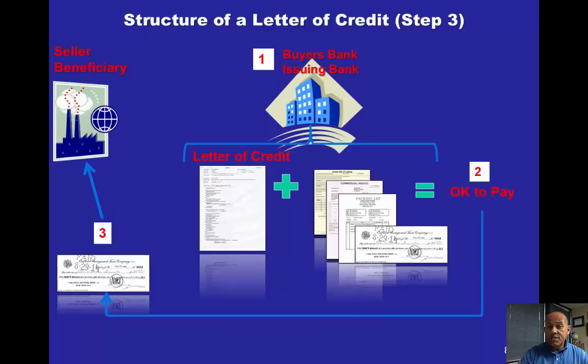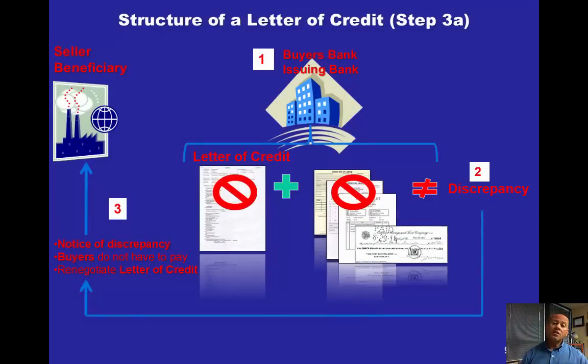And if everything is in compliance, then the buyer's bank is obligated to pay on that obligation. Now that means when they're paying on that obligation, basically they're accepting the demand to pay under the draft, and then that draft goes back to the seller, and that becomes a negotiable instrument by which they're paid.